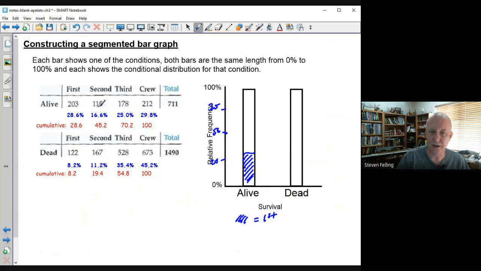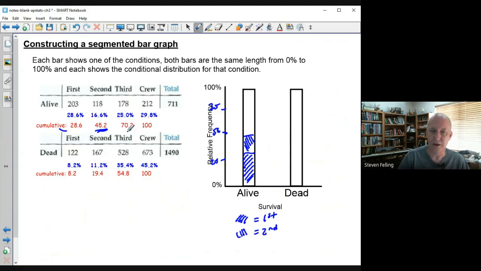And then in my key down here, I'll just indicate that this equals first class passenger. All right, and then now we want to add 16.6% onto that. It's hard for me to visually see that, but if I add 16.6% to the 28% that was already there, I have a cumulative total of 45%. So I can just go to the main scale here, a little under the 50%, and then shade that and maybe call that second class passengers.